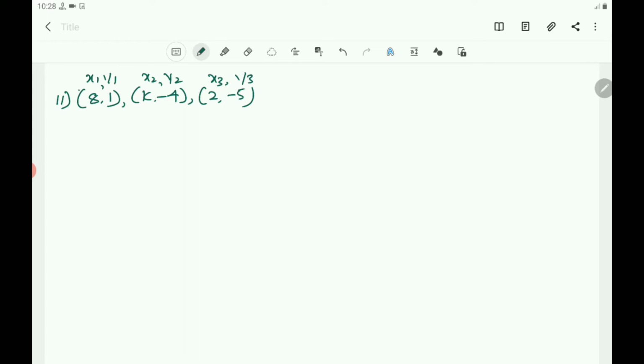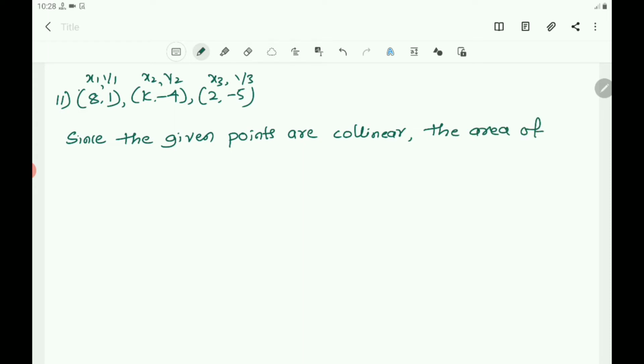Here also you write, since the given points are collinear, the area of the triangle formed by them must be 0.